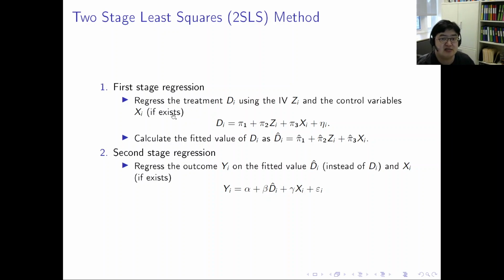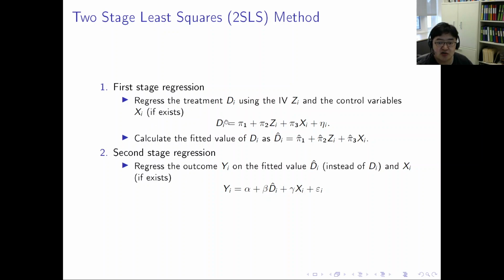Literally, it uses two regressions in two stages. In the first stage, we try to predict the treatment, the education in this context. We regress the treatment on the instrument Z and other control variables, right?